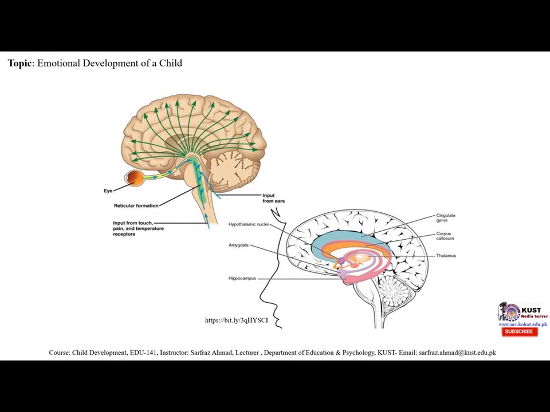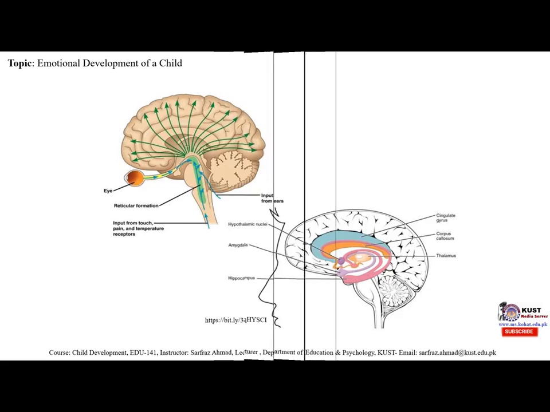Here we can also observe how emotional stability is concerned, and how it has some connection with our mind, with our nervous system or neural networks.